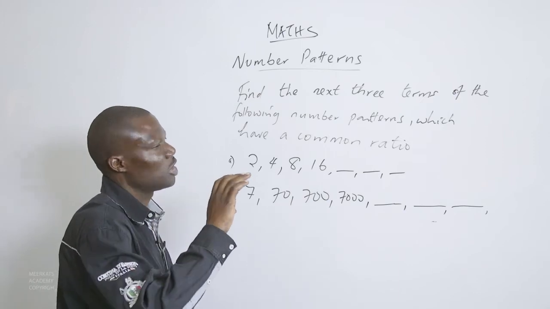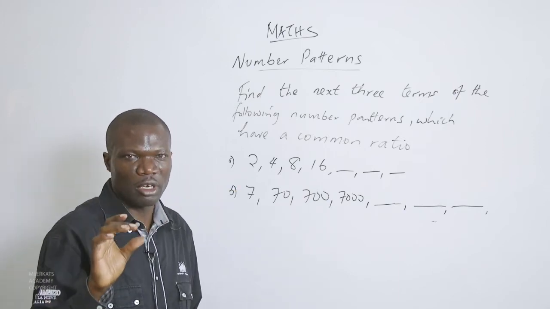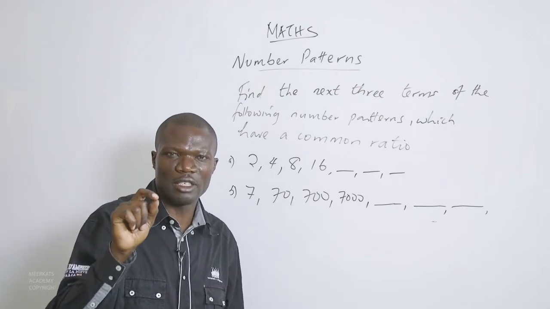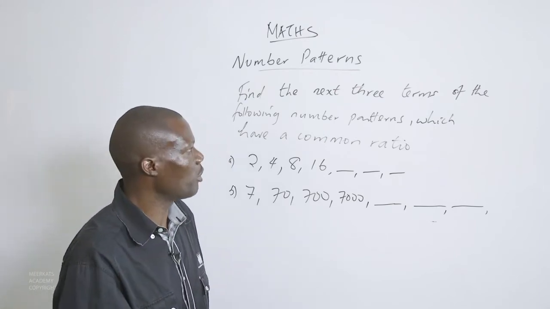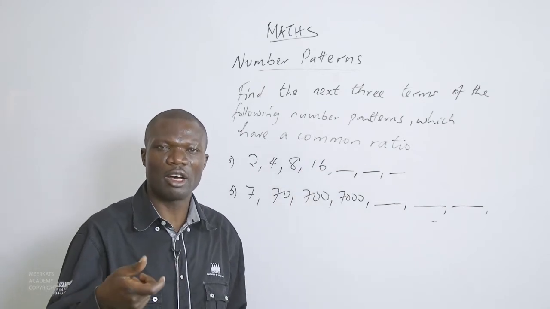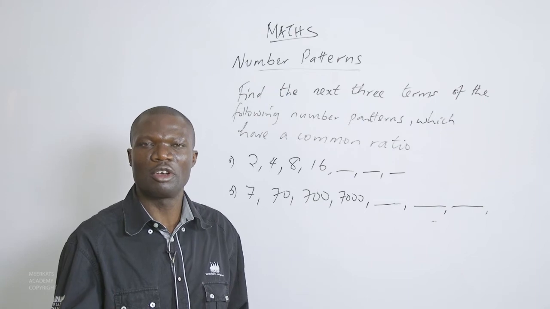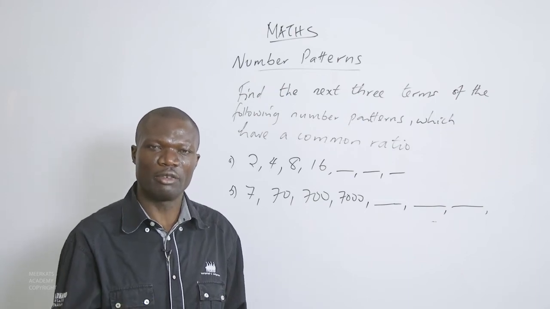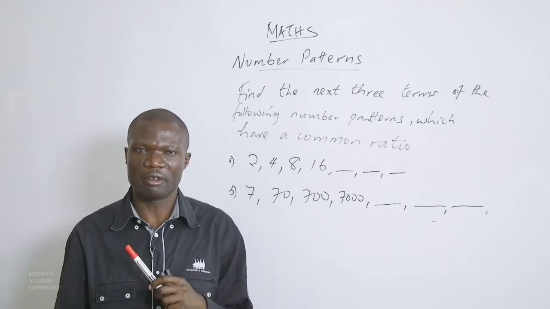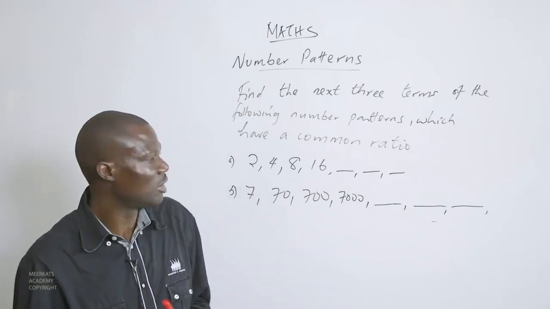Anytime we are approaching a question on number patterns, the very first thing is to find the strategy that is going to be used. Already we have a hint, it is a common ratio. Then we need to find out how this common ratio is being identified. We don't only use one pair of numbers, but we need to use a variety of numbers.